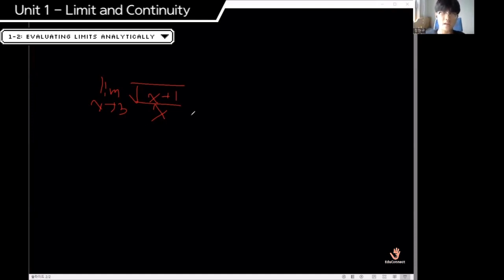So let's plug in 3 for x. So we get square root of 3 plus 1 over 3. Now the denominator is simply 3. So the limit of this function as x approaches 3 is 2 over 3.